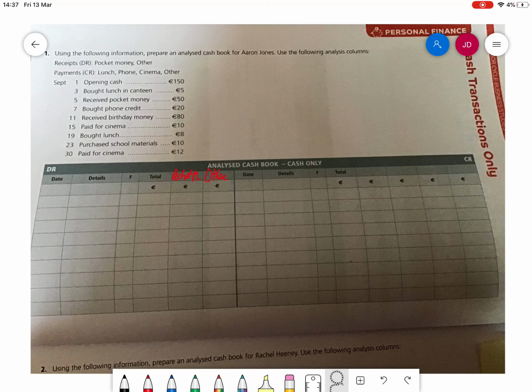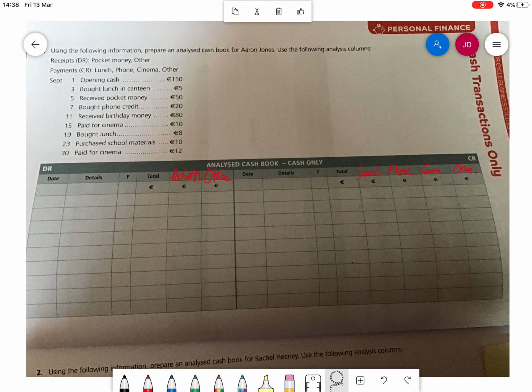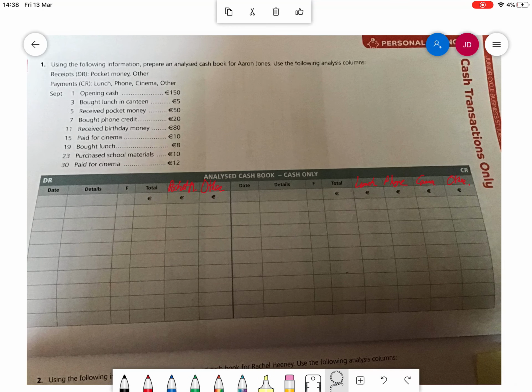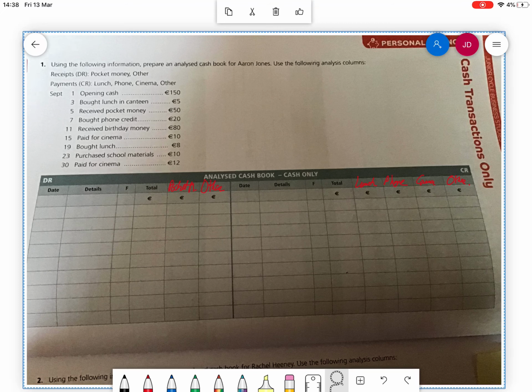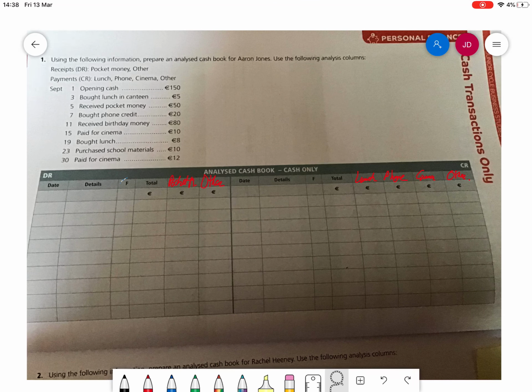And on the right hand side, the credit side, I've got lunch, phone, cinema and other. Just like we would have had in T accounts, you still have your date, details, total, and we also have a thing called folio, but we don't have to worry about that section for this video.